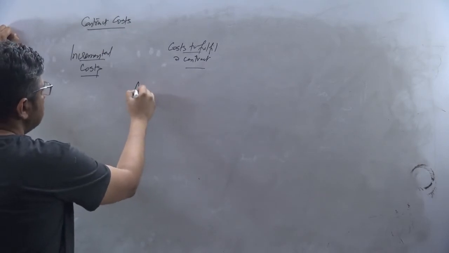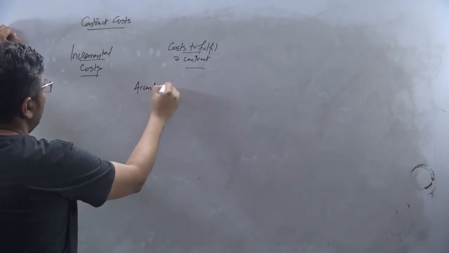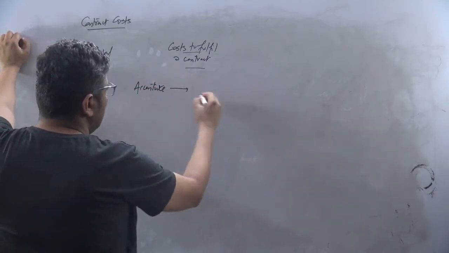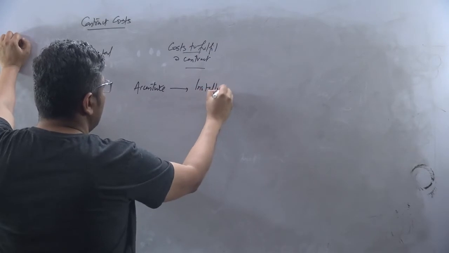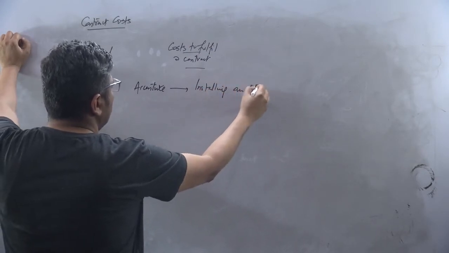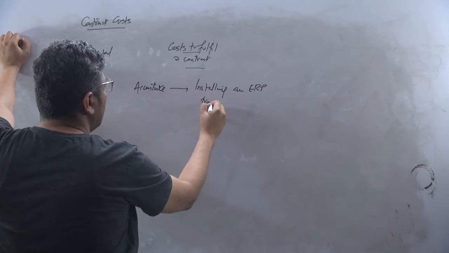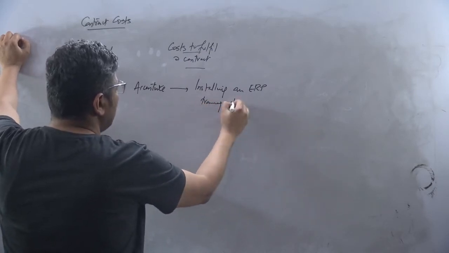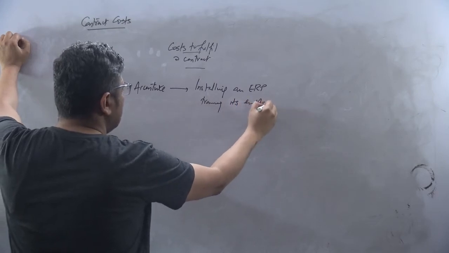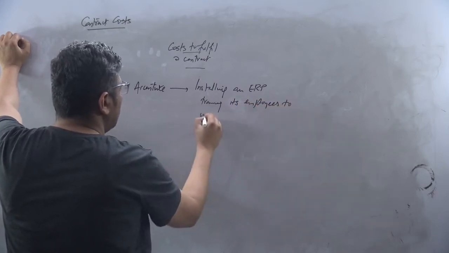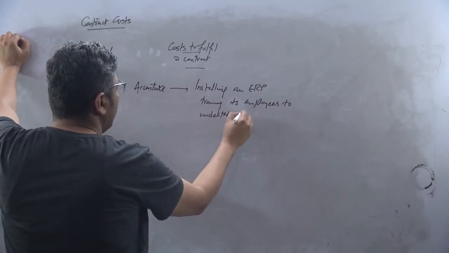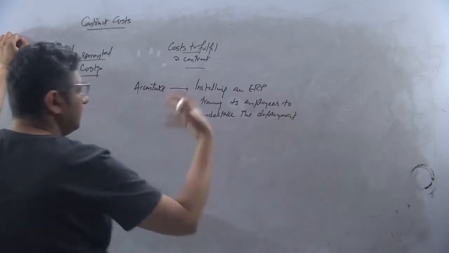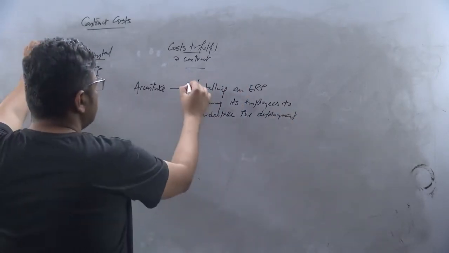Accenture approaches a client where it would be installing an ERP, training its employees, for example, to undertake the deployment of that ERP. Okay, so this is one cost.